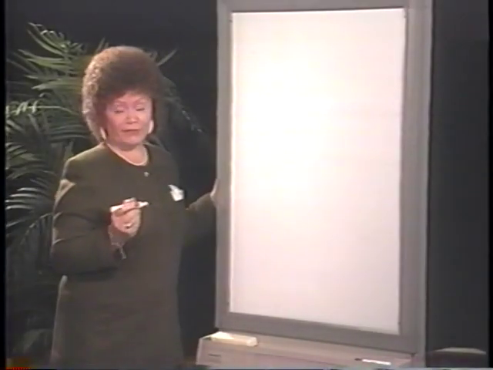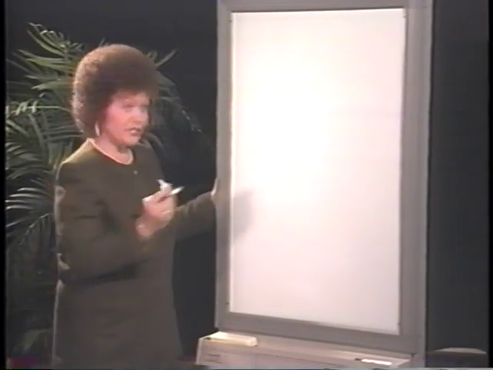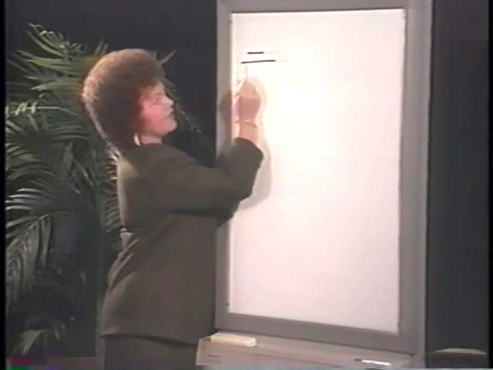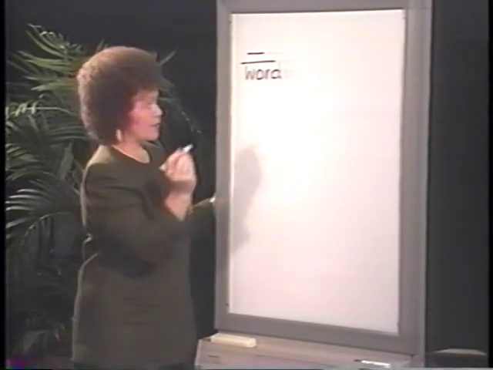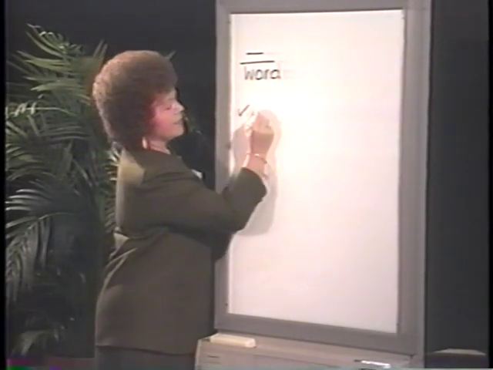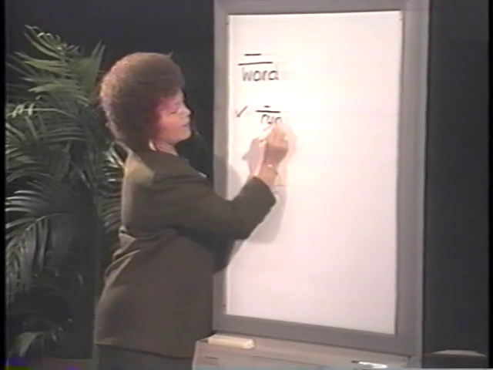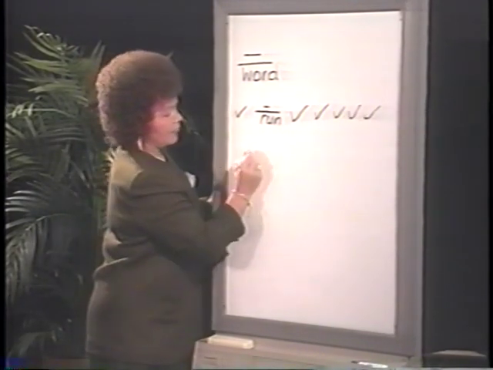Sometimes, for a number of reasons, a reader will leave a word out, and omissions are recorded like this, with a dash above the word omitted. So our record will look like this. Run as fast as you can.